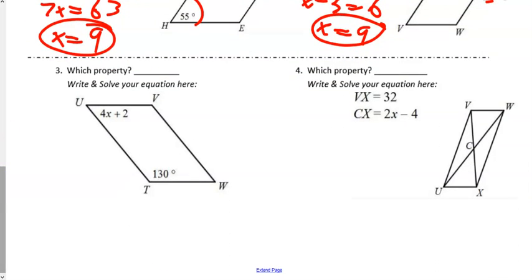Last two. Well, look at this. We don't have opposite angles here. We have consecutive angles. That's property D. Consecutive angles equal 180. That's our key word. Okay? What's the biggest mistake people make here? 4x plus 2 equals 130. Look at the angles. In your head, answer yourself, what kind of angle is that?